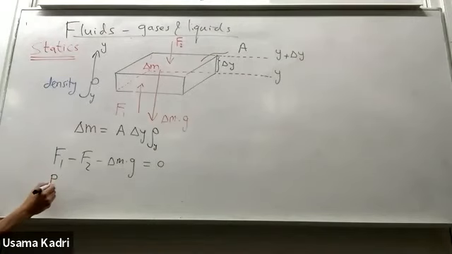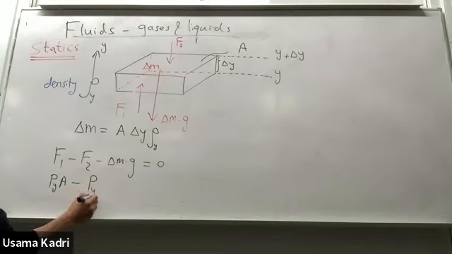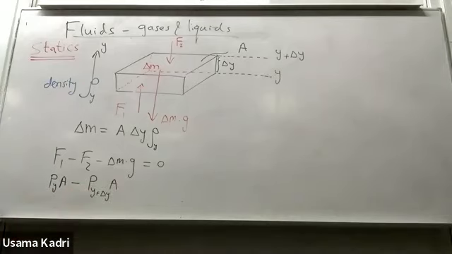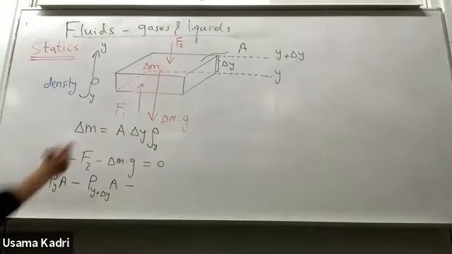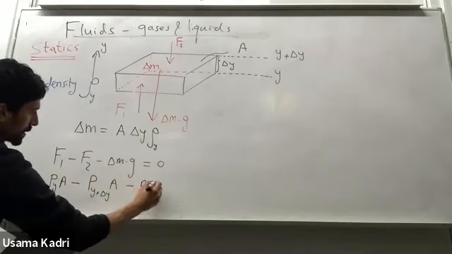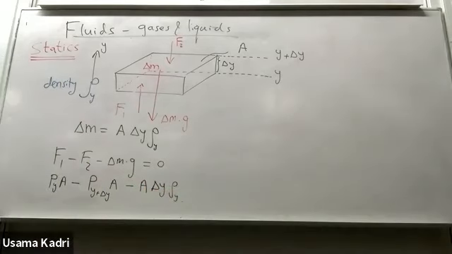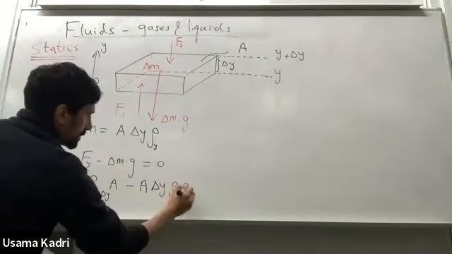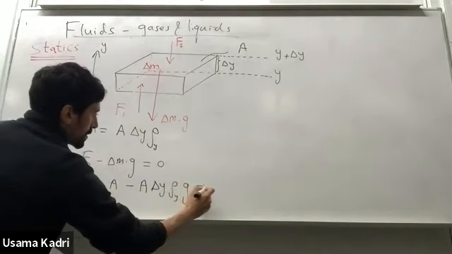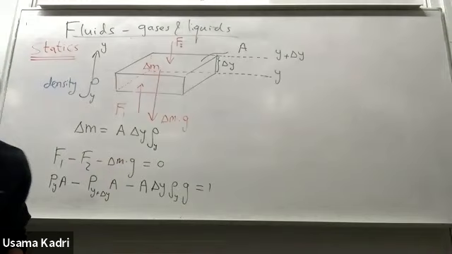So P at point y times A minus P at point y plus delta y also times A minus delta m, which is A delta y times rho times g, equals 0.